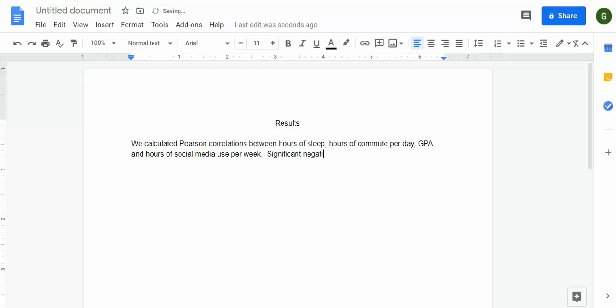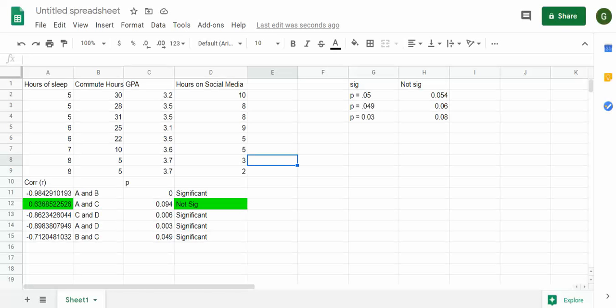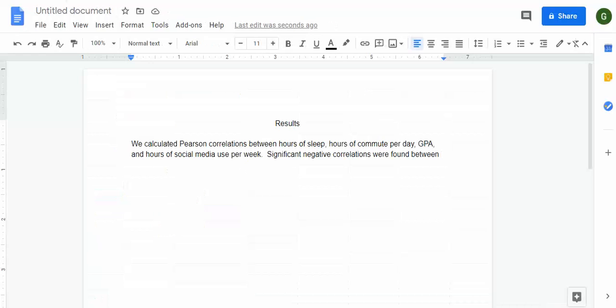And I would say significant negative correlations were found between, well, the first one is this one, which is hours of sleep and commute hours. And then what I would do is put R equals in parentheses, and then P equals.